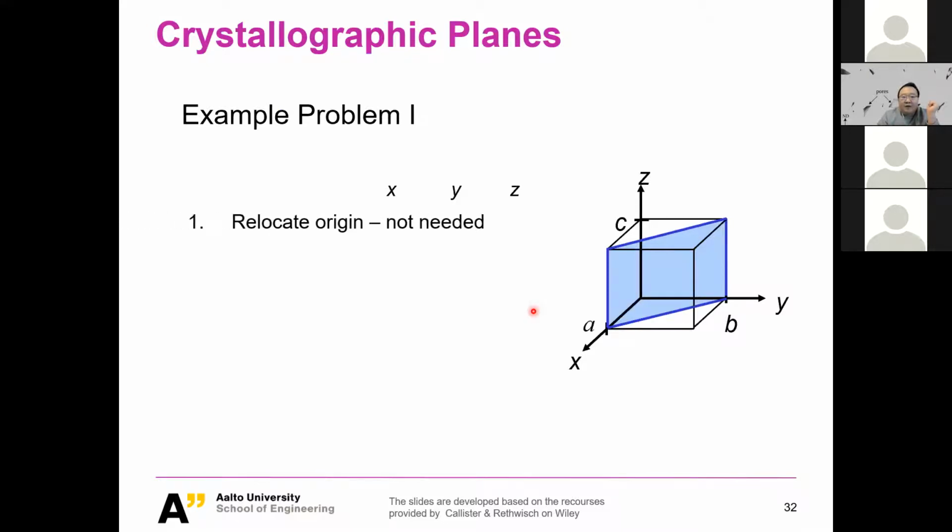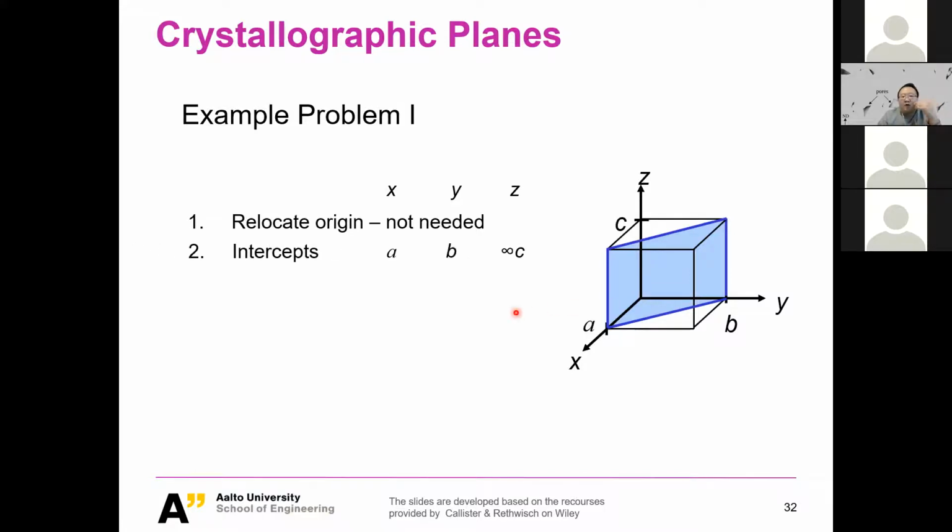The first step is we need to find a unit cell or coordinate system whose origin is not passing through the plane. Because we have a repeating system, if your origin is on this plane, you relocate it. And if you want to now characterize this blue plane here, we don't need to move anything because the origin is there, so everything's fine.